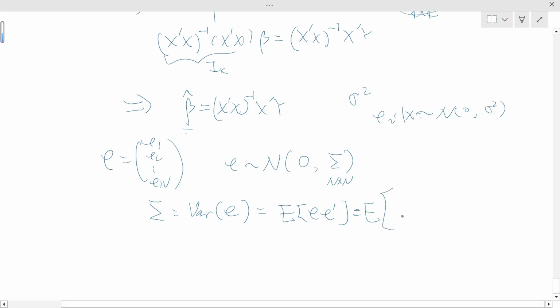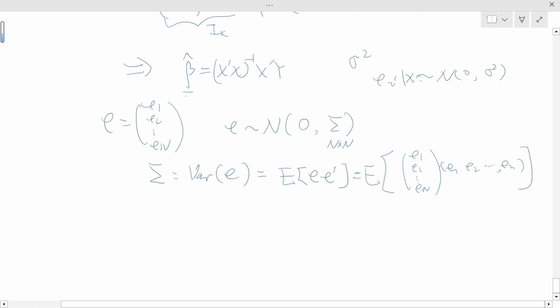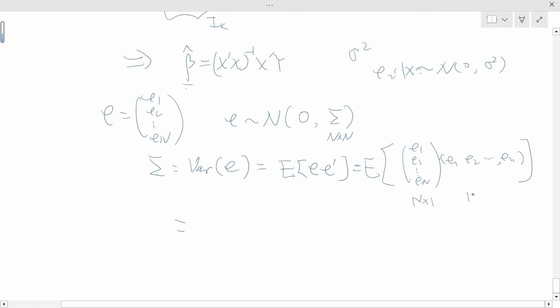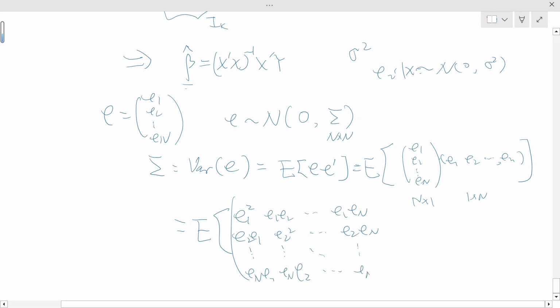So epsilon we know is epsilon 1, epsilon 2, ..., epsilon n times its transpose. So this is n by 1 times 1 by n, so after the multiplication we get an n by n matrix: epsilon 1 squared, epsilon 1 epsilon 2, and epsilon 1 epsilon n; then epsilon 2 epsilon 1, epsilon 2 squared, epsilon 2 epsilon n; then epsilon n epsilon 1, epsilon n epsilon 2, epsilon n squared.